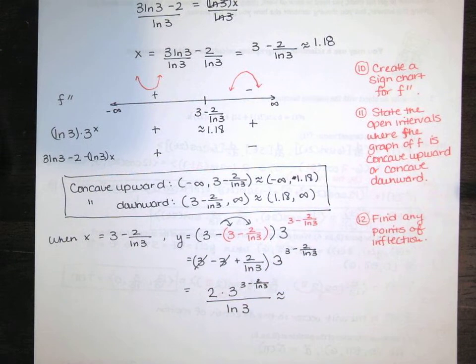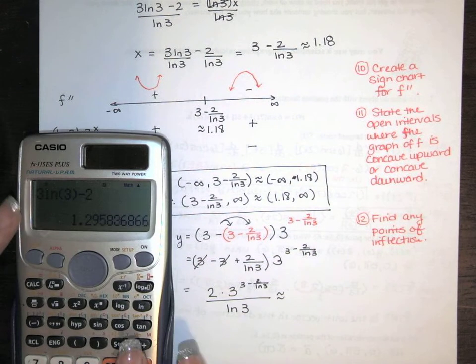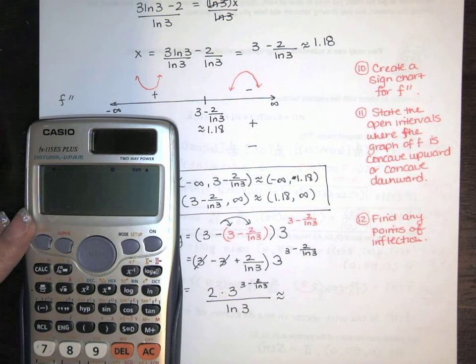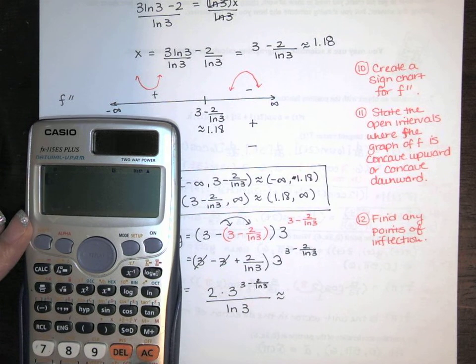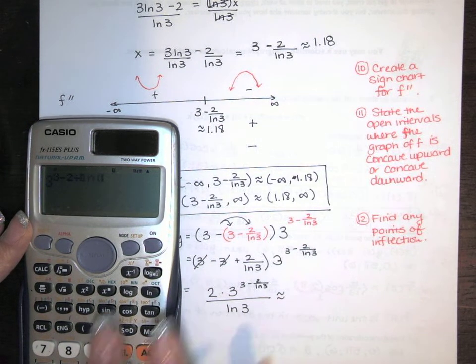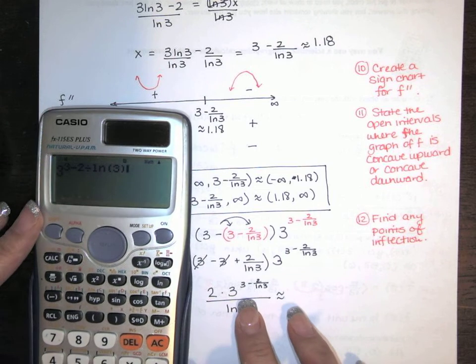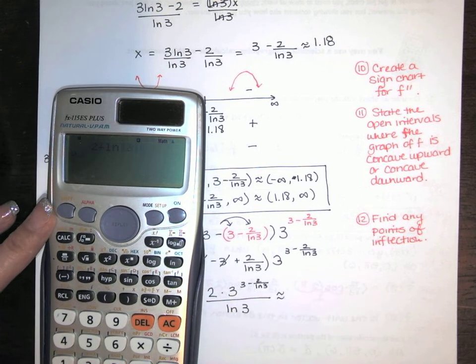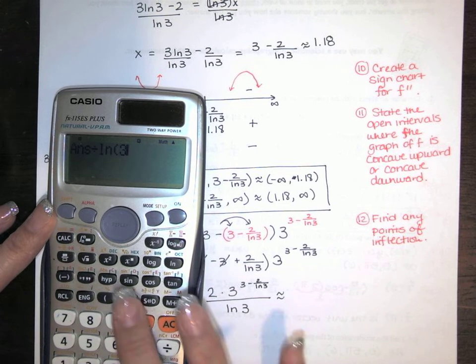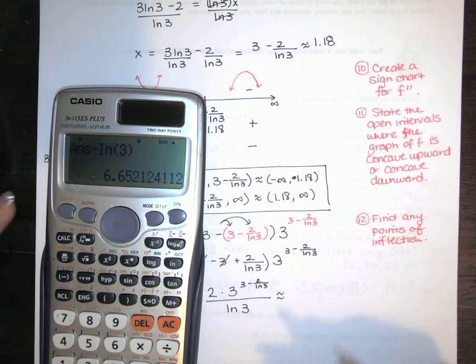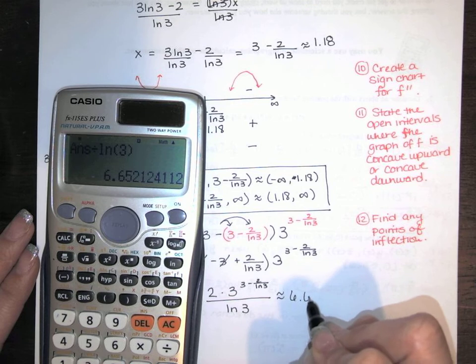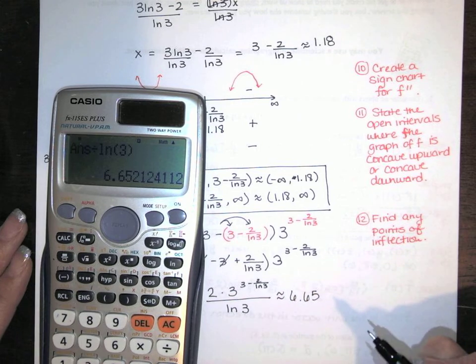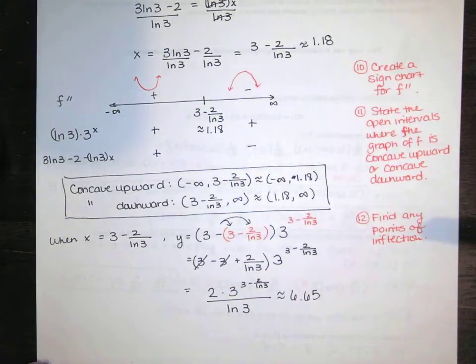Let's find out what that is approximately. So we have 3 raised to the 3 minus 2 divided by natural log of 3. That's right here. Multiply by 2 to get the numerator. Divide by natural log of 3 to approximate the y value. And the y value is approximately 6.65.